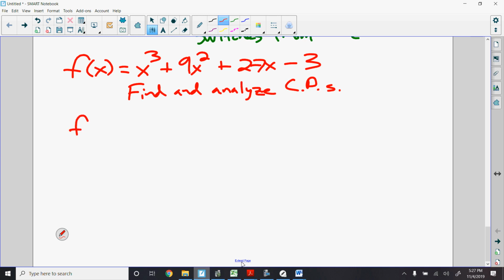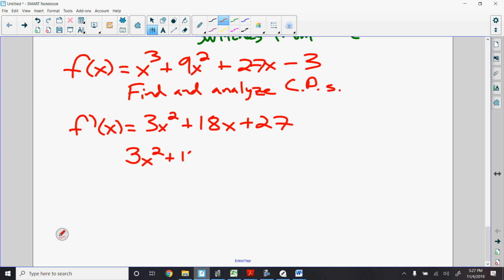So finding the critical point first, f prime of x would be 3x squared plus 18x plus 27. I want to go ahead and set that equal to 0. To make this easier, I'm going to divide everything by 3. That's going to give me x squared plus 6x plus 9.